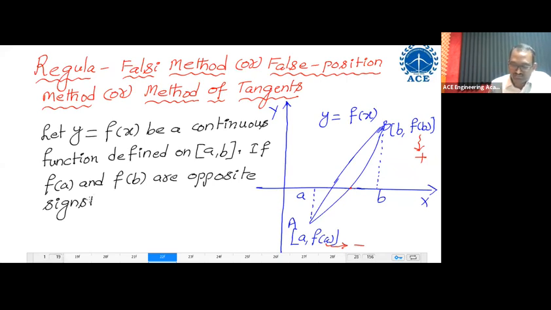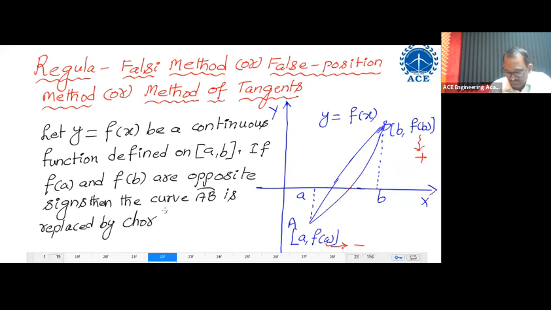If f of A and f of B are of opposite signs, then this curve AB is replaced by straight line AB, which is chord AB.